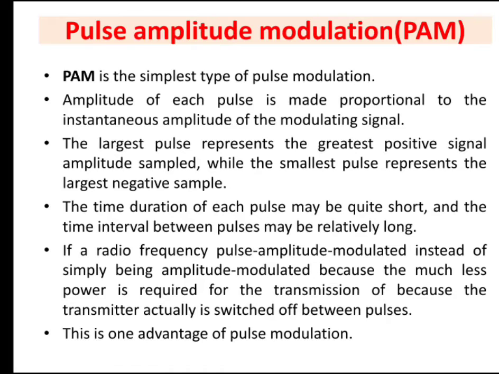In this process, the relative amplitude of successive pulses serves as a measure of signal amplitudes at the corresponding sampling instants. If a radio frequency is pulse amplitude modulated, instead of simply being amplitude modulated, much less power is required for transmission, because the transmitter is switched off between pulses.